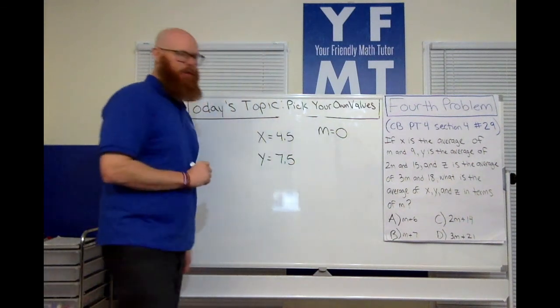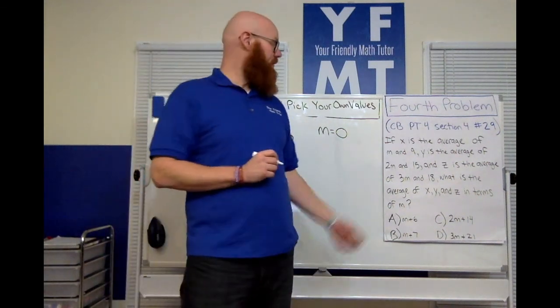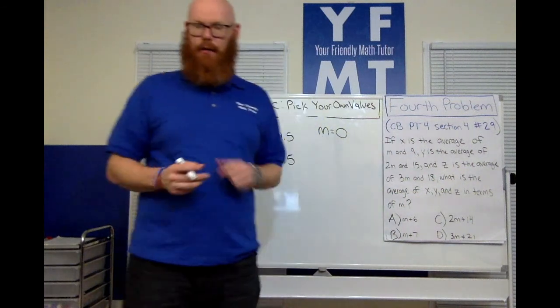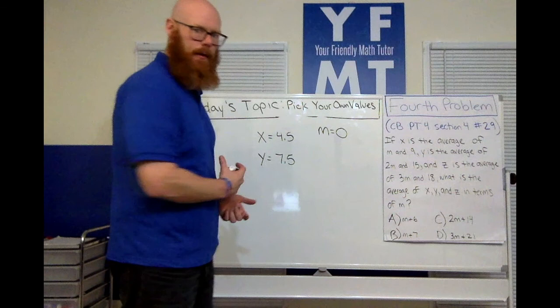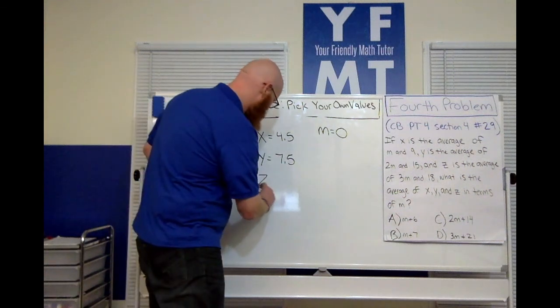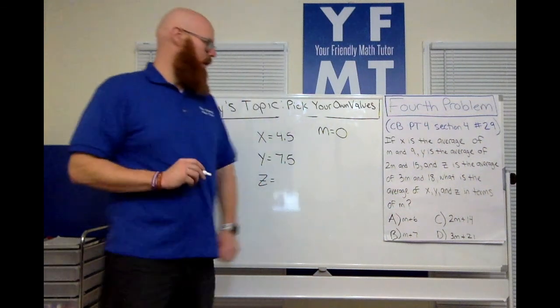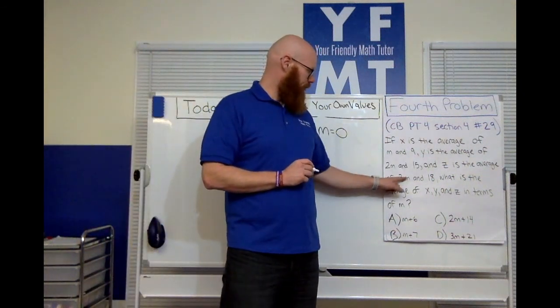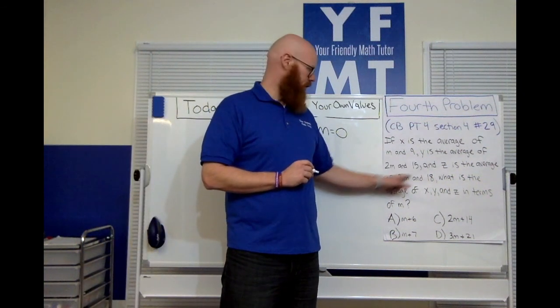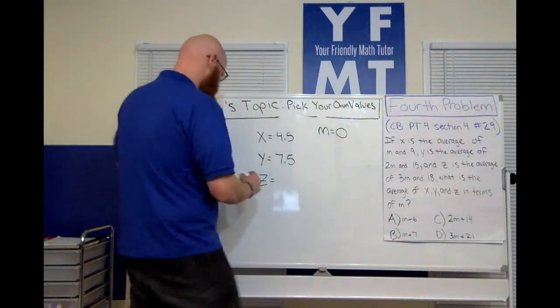So again, 0 plus 15 divided by 2. This is a calculator section, so if you're not great with doing that math in your head, you certainly will have a calculator available for these problems. And Z is the average of 3m, which is 3 times 0, so 0, plus 18, and that is 9.